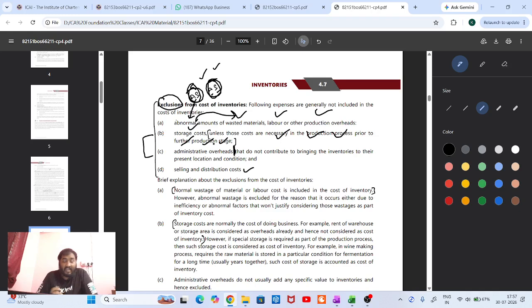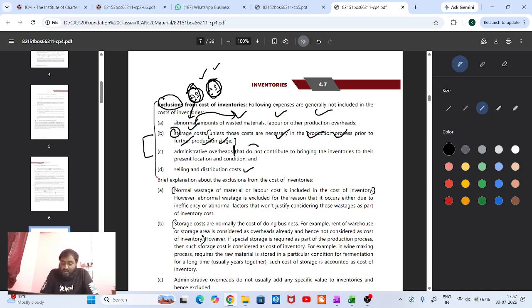Rice mills or something. Those cold storages, if you store there, it can be inventory. And that storage cost can be included because that storage is a must for the product.